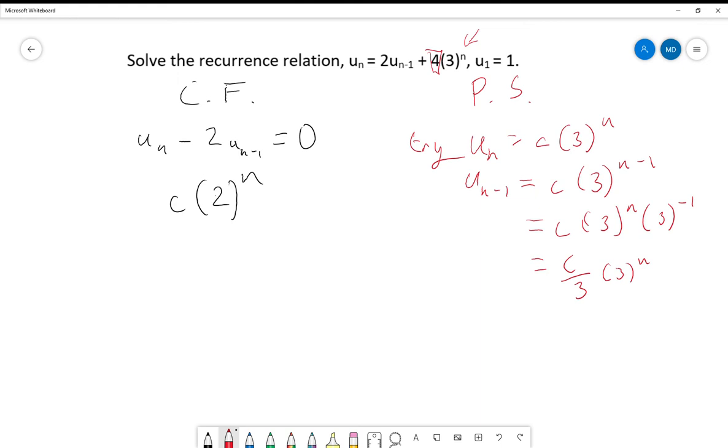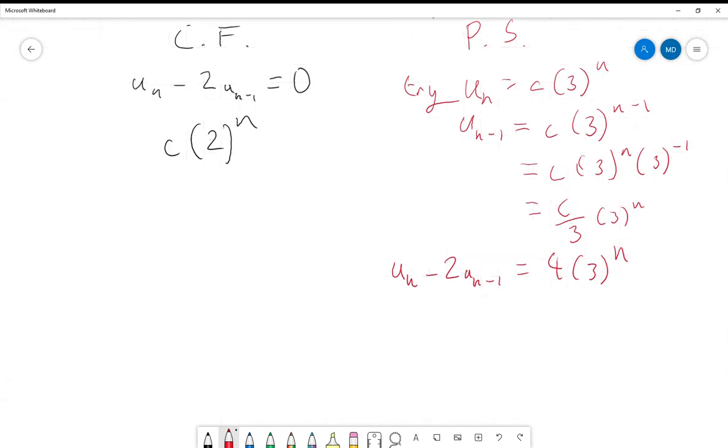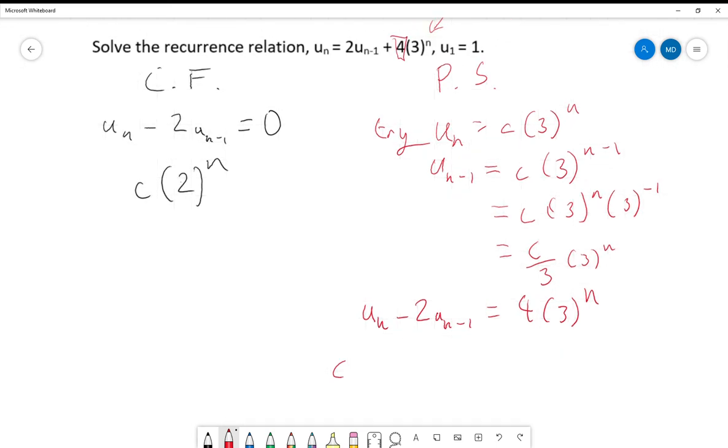So we're going to get, plugging it into our formula, which we're dealing with, un minus 2 un minus 1 is equal to 4 lots of 3 to the n. We're going to get un is just c times 3 to the n. Oh, I apologise, I shouldn't be using c in all of these cases because we've already used c. Let's put that as k.